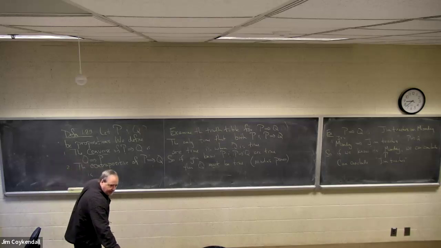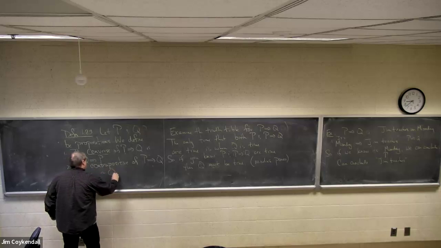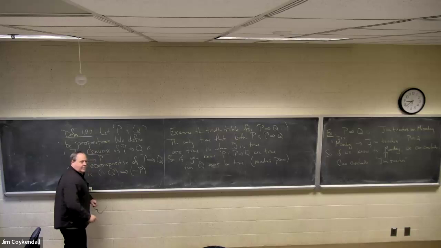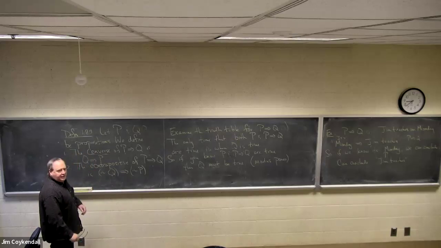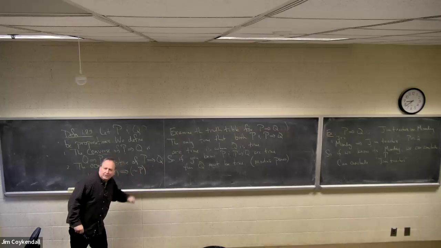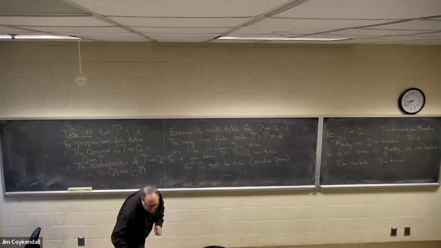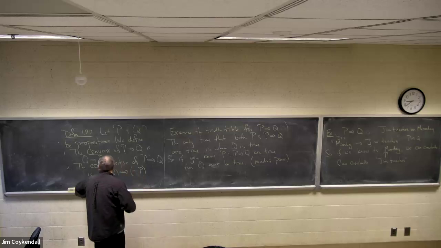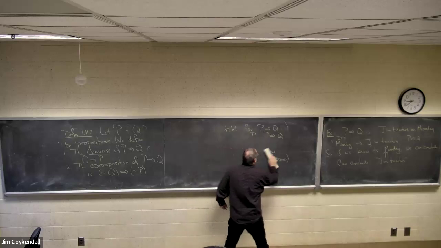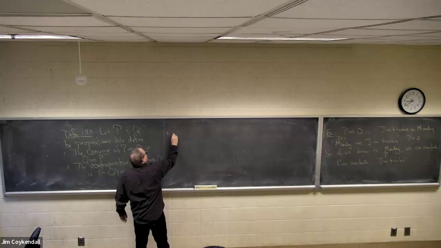That would be: if not Q, then not P. The contrapositive of P implies Q is the arrow going backwards with the nots: not Q implies not P. And finally, this is the one that you need to know what it is, but the first two are more important, I think.